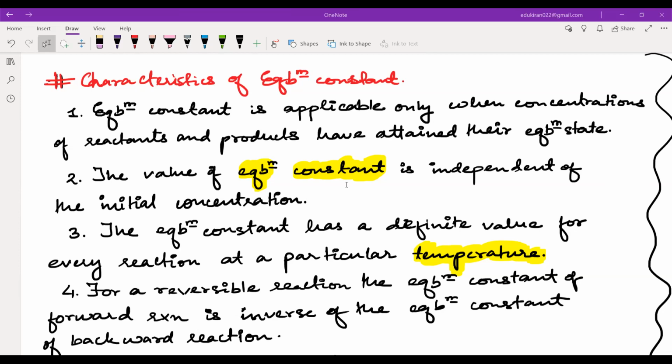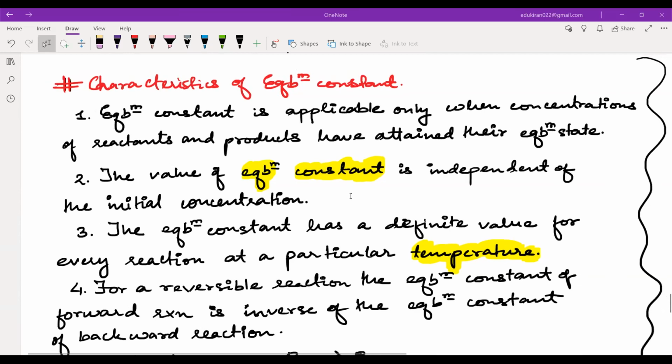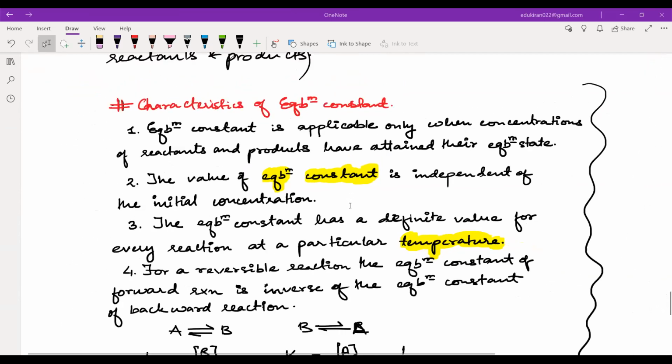So you write these points. Let me know if you have doubt in any one of them. Let me maybe scroll a bit.